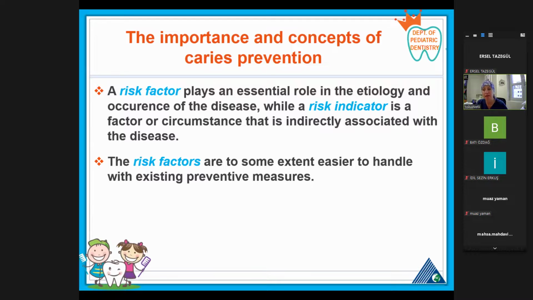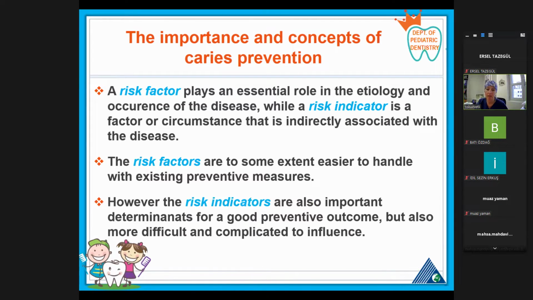We can cancel the diet and we can change the diet. However, the risk indicators are also important determinants for a good preventive outcome, but also more difficult and complicated to influence. For example, the awareness, the attitude, or the lifestyle of the individual are not easy to change in a moment.